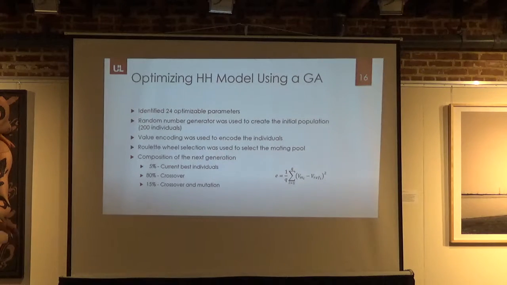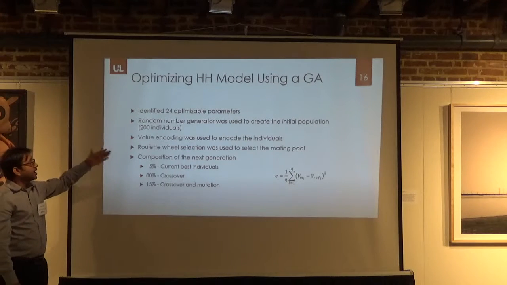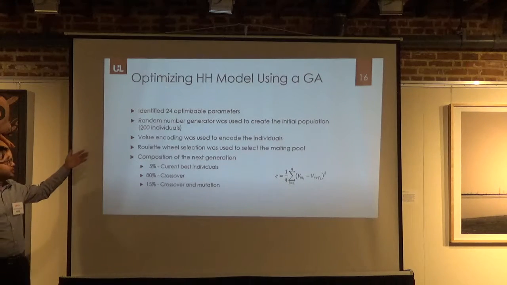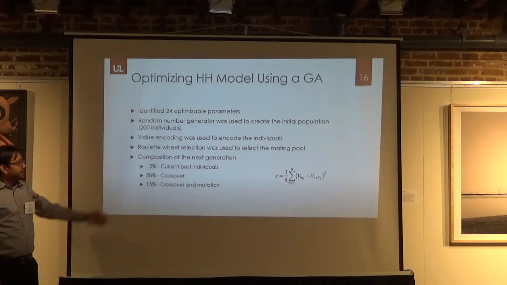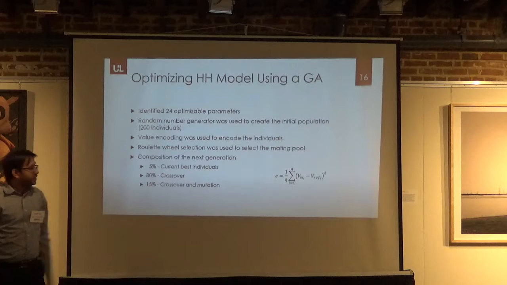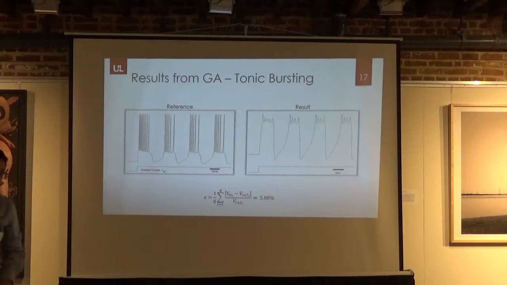To summarize, in my case I had 24 optimizable parameters. Using those 24 parameters, I created a population of 200 individuals. Then I used value encoding, then roulette wheel selection, and these are some of the parameters and values that I used for generating offspring.